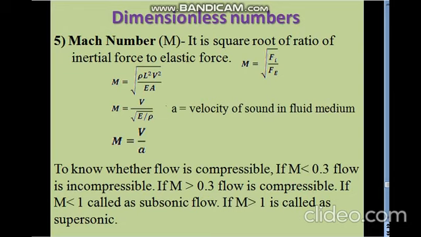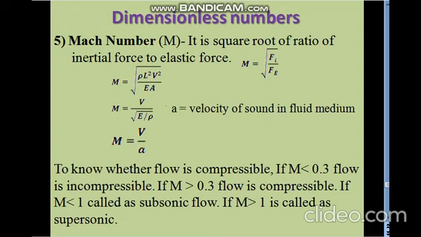Why? Because the Mach number for the flow over a car is less than 0.3, and if the Mach number is less than 0.3, the flow is treated as incompressible. If the Mach number is greater than 0.3, it is called compressible, like the flow around an aeroplane or a rocket.